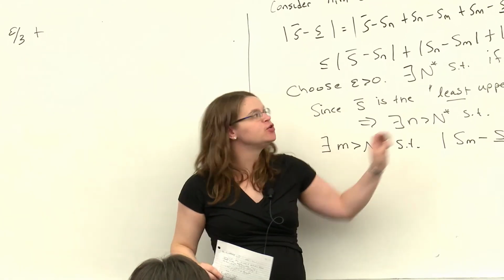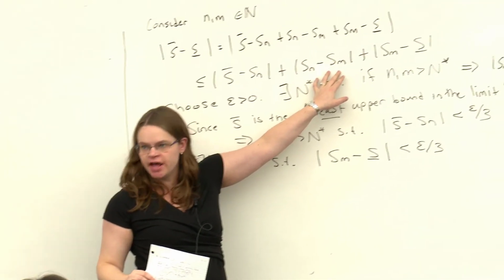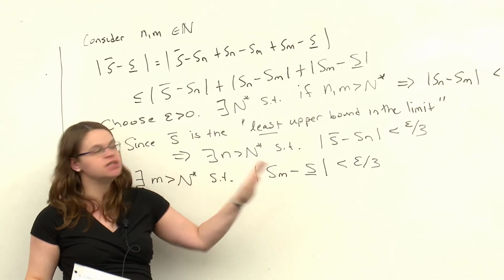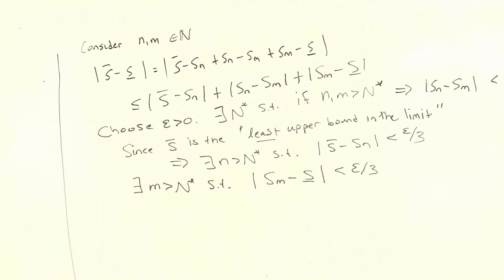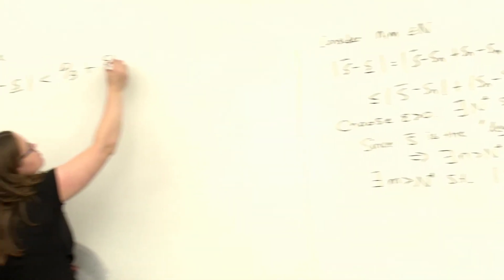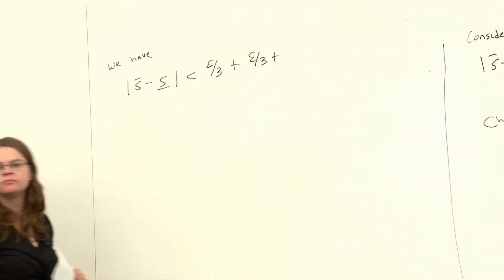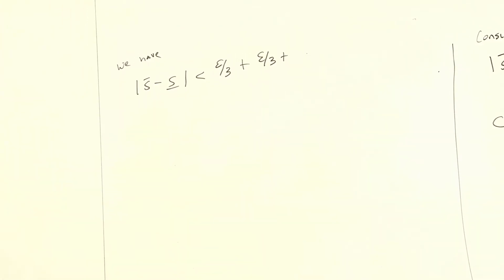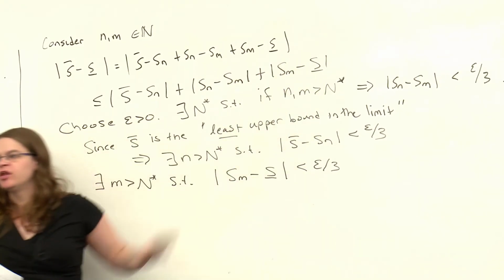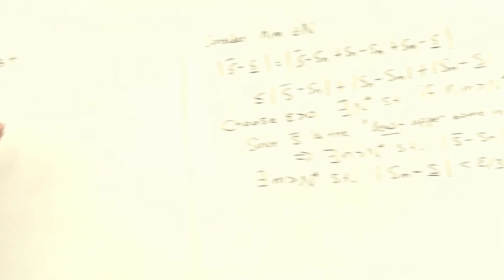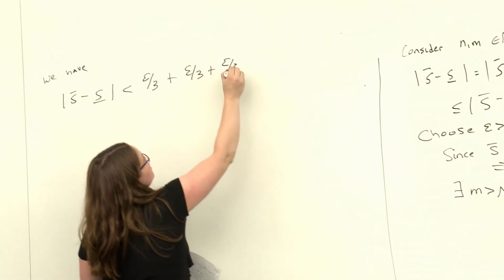This particular choice of n and m happen to be large. They happen to be bigger than our n star. We guaranteed that. So this term is also less than epsilon over 3. And then finally, this particular choice of m was good enough to make sure this term is small, less than epsilon over 3. So I can bound that by another epsilon over 3.